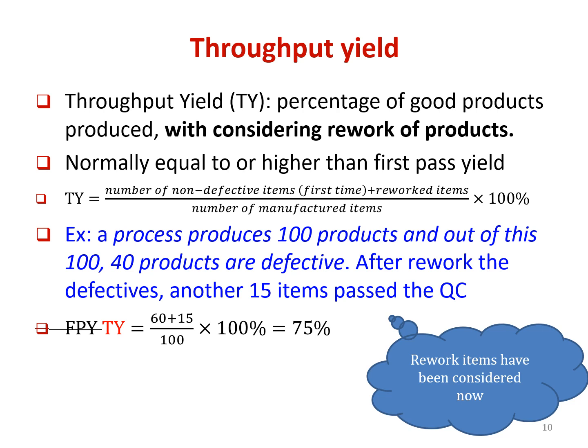So we need to consider this additional 15, and therefore our throughput yield, sorry, there is a mistake here, it should not be FPY, it should be TY. So 60 plus 15 over 100 times 100%, then we will get 75%.